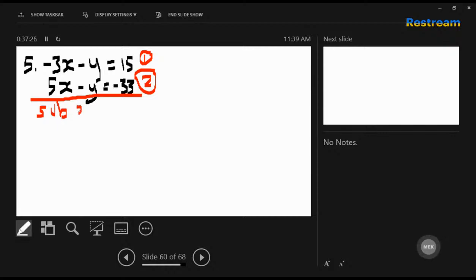So subtracting equation 2 from 1, it would be negative 3x minus 5x, and that will give 8x. Negative y minus negative y would cancel out the y. And 15 minus negative 33 would be positive 48.